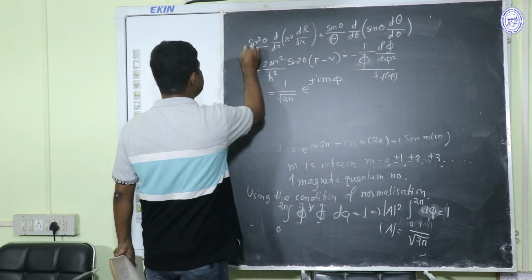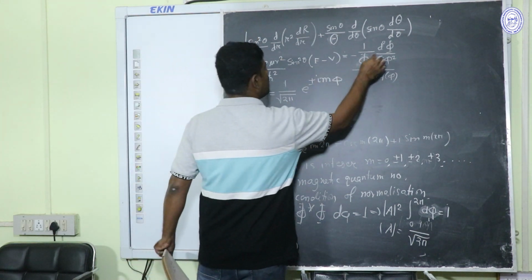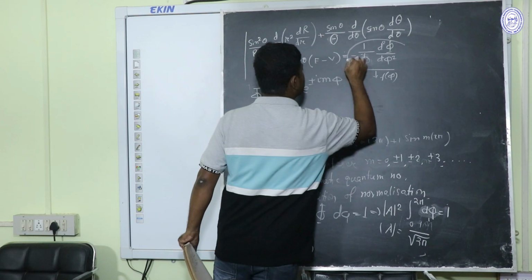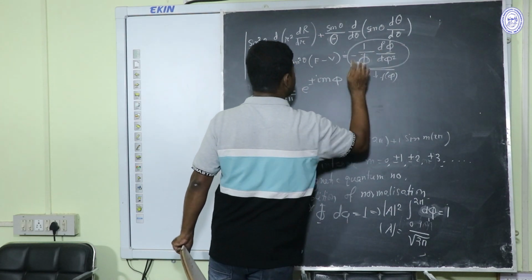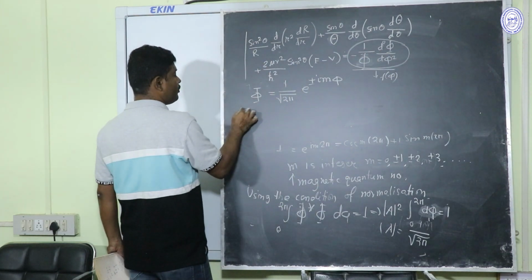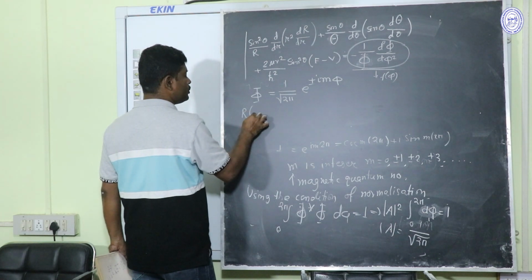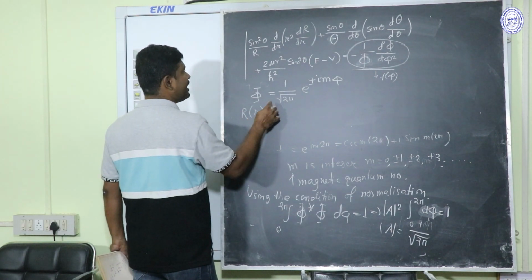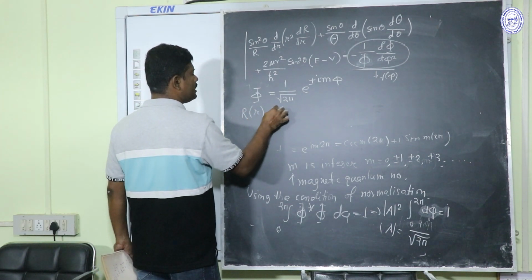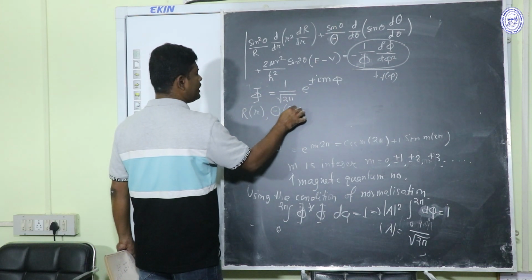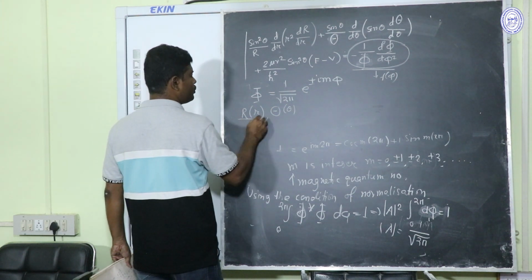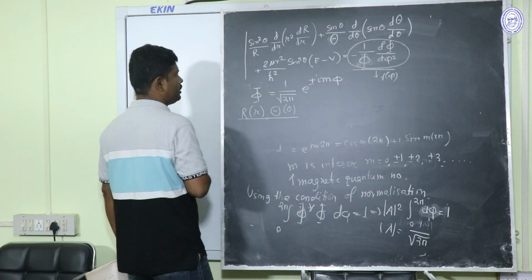Now we are left with this equation. We have found the complete solution of the azimuthal part Φ, and we are left to find the expressions for R and Θ.